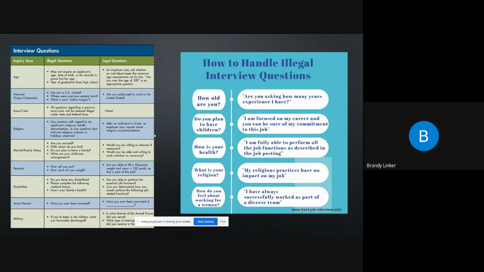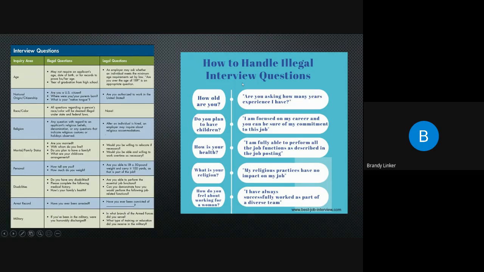They may do a background check. Okay, so they can ask if you've been convicted of a felony, but they can't ask, like, have you been arrested? What for? Have you been detained? None of that. Military, they can't ask about being honorably or dishonorably discharged. They can ask what branch, what type of training, but they can't ask about your behavior issues in the military.